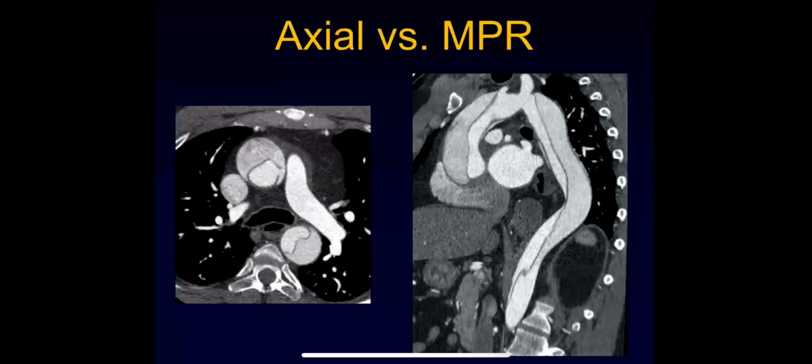So here we have MPRs on a patient with acute aortic dissection, where you can see the dissection flap extending from the aortic root to the arch, to the descending thoracic aorta, and the abdominal aorta. And this is a very nice way to also communicate these findings, not only to the referring physician or surgeon, but also to the patients and their families.